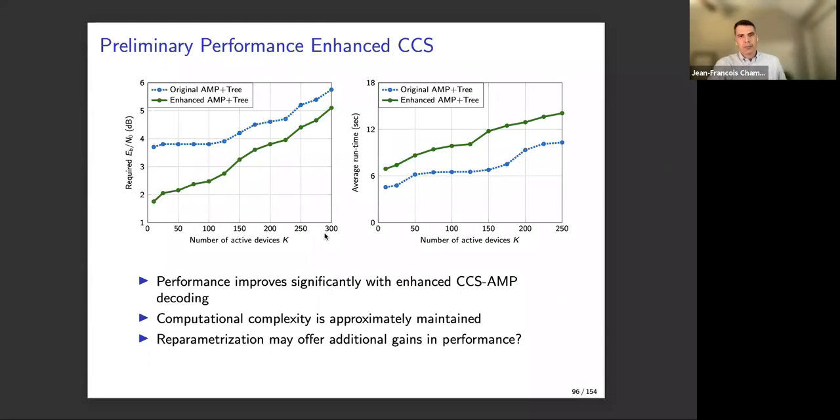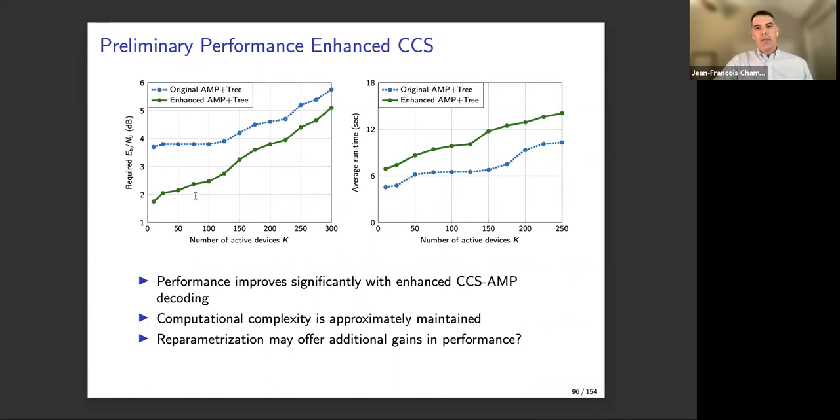So here, I have 2 graphs. On the left is a graph of performance. The x-axis is the number of active devices. The y-axis, as before, is the required Eb/N0 for a 5% per-user probability of error. And now I have 2 curves. The top one in blue is the original coded compressed sensing with approximate message passing and the tree outer code.